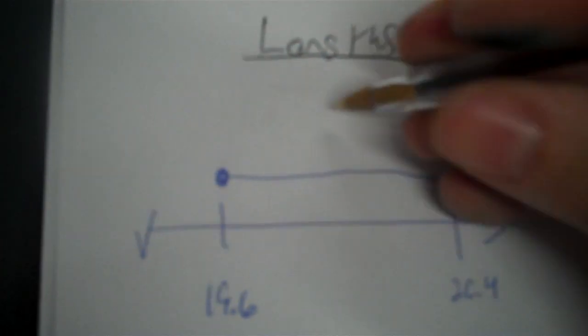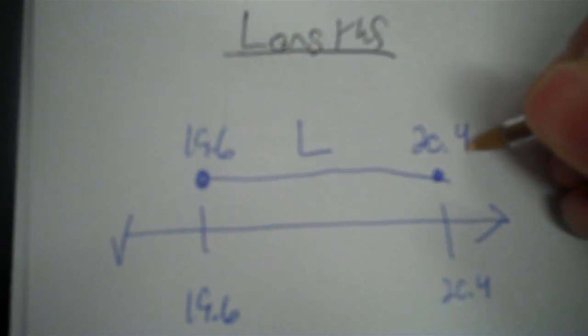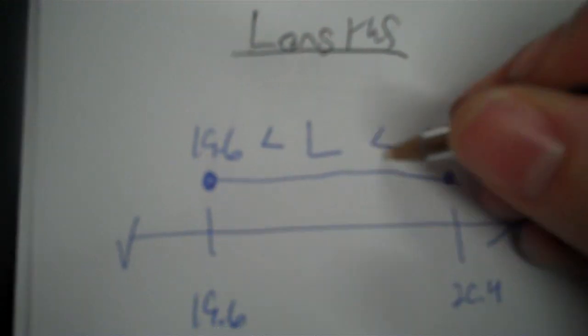So 20 plus 0.4 is 20.4, 20 minus 0.4 is 19.6. So you close both the circles because you can be equal to those amounts and you can be anywhere in between. So length, 19.6, 20.4. Again, they both have to be less than signs. Equal, equal.